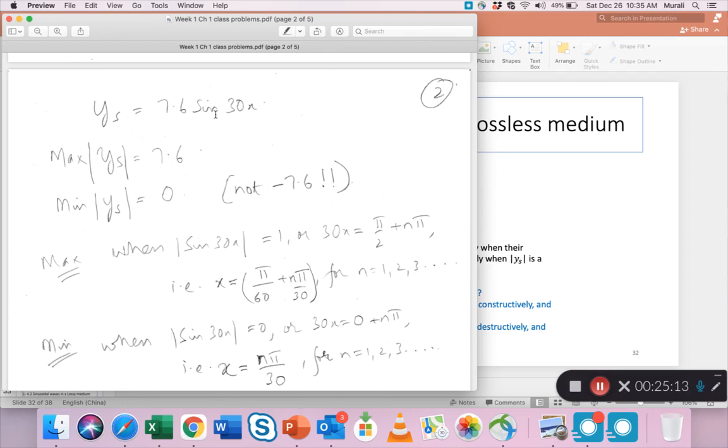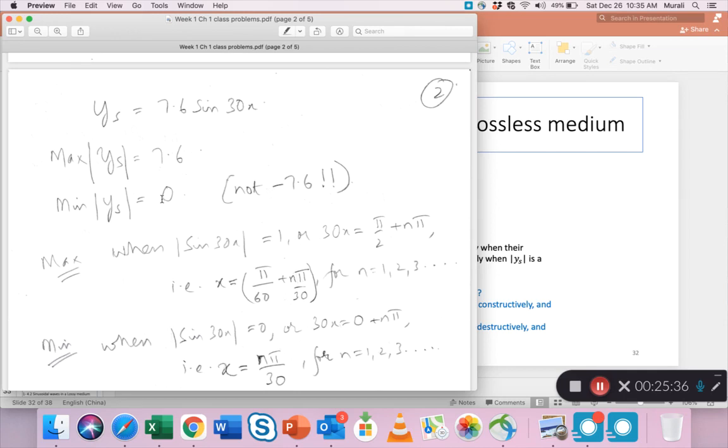Even if you take minus 1 here, that becomes minus 7.6. But if you take the magnitude, that means you have to ignore the sign, and you get 7.6. Similarly, it can go to minus 7.6, but once you take the magnitude, it becomes plus 7.6 again. So that is the maximum.